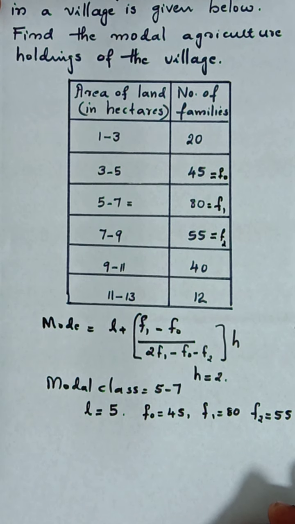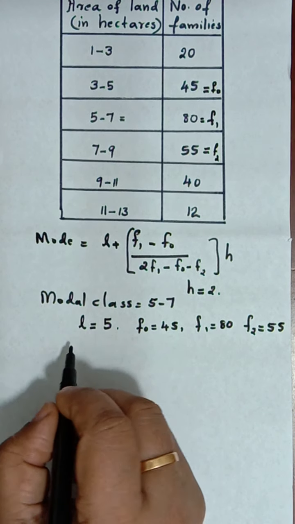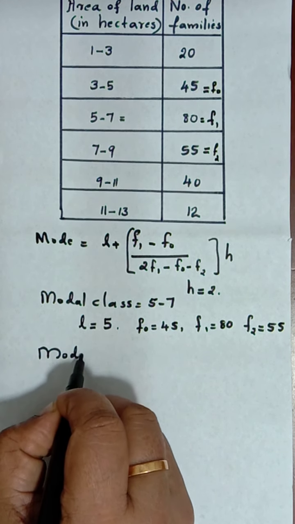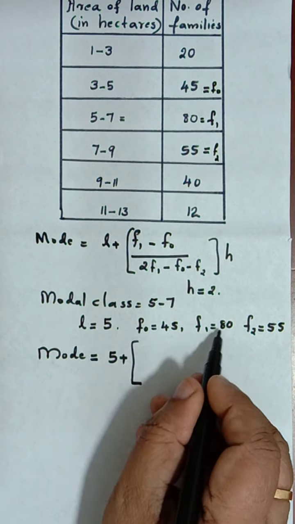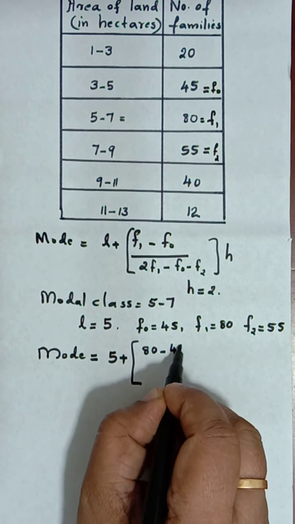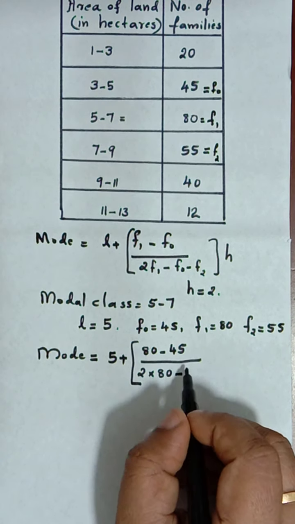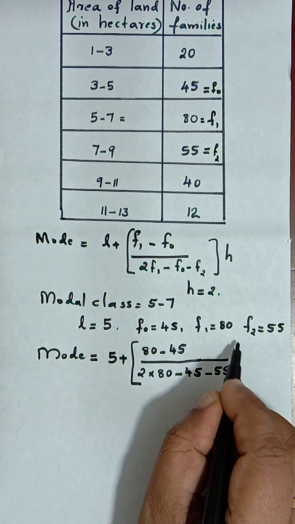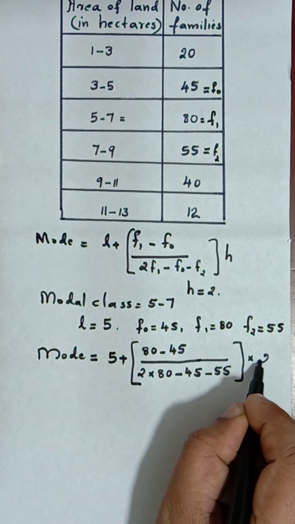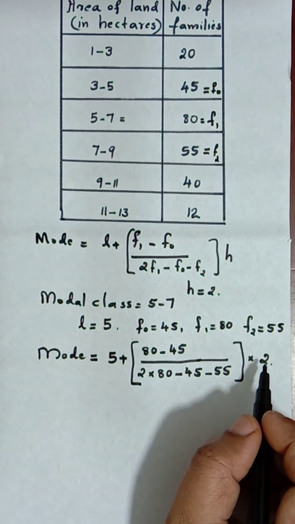Okay, now let us substitute. Here we have all the values. Therefore, mode is equal to L plus (F1 minus F0) divided by (2F1 minus F0 minus F2) into H. L is 5, plus 80 minus 45, divided by 2 into 80 minus 45 minus 55, into H value 2. So all these values we have substituted. Let us see the calculation, a very simple calculation.